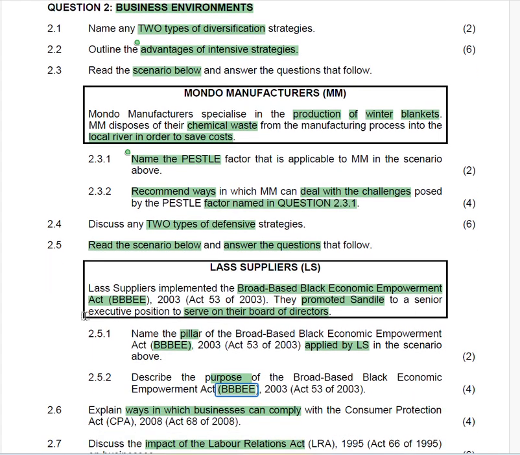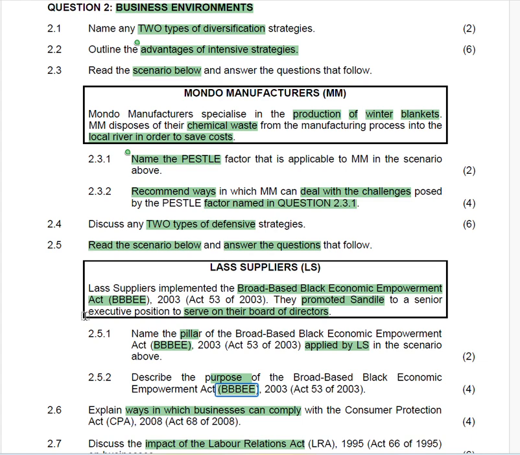2.5 says read the scenario below and answer the question that follows. Last suppliers implement the Broad-Based Black Economic Empowerment Act of 2003.